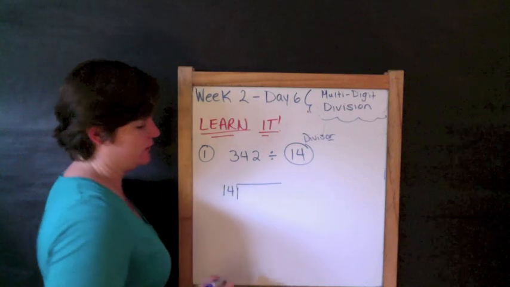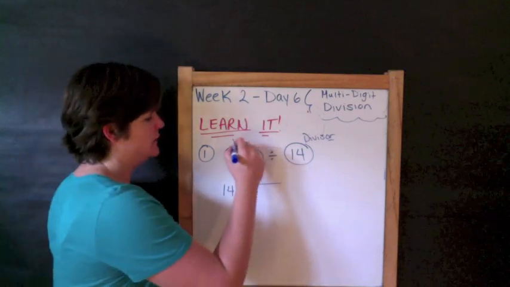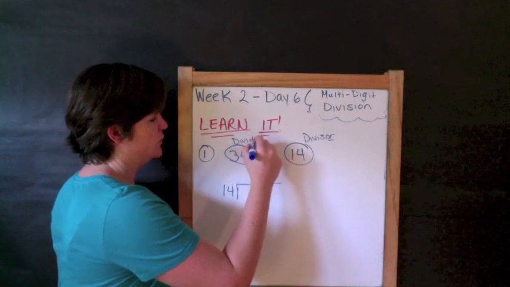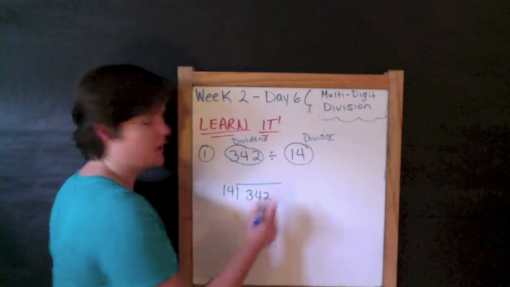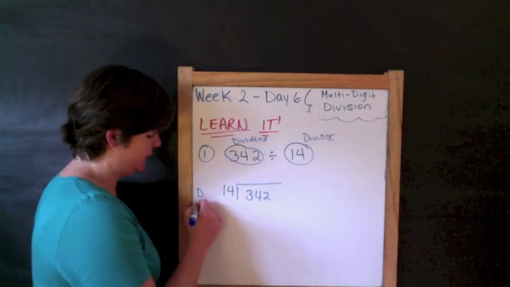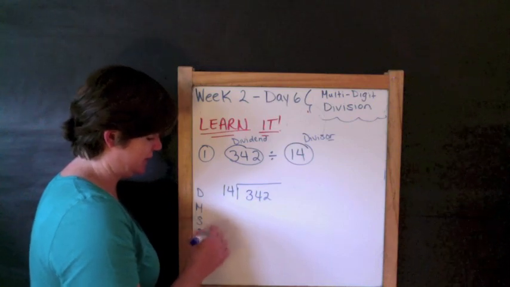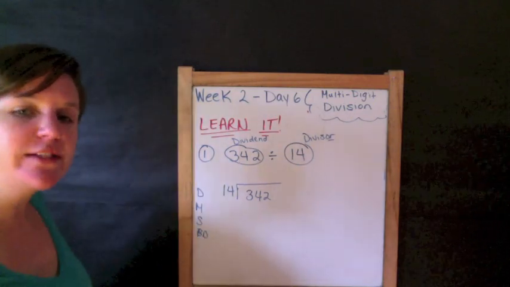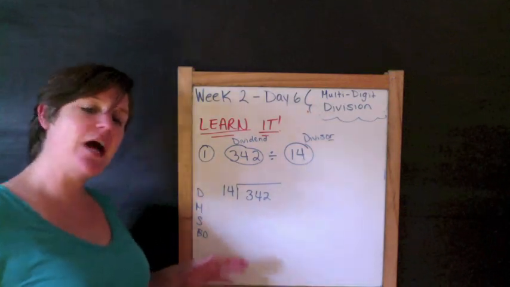Make a little weird half of a rectangle box and put our dividend, which we talked about in the boss notes, right in here, 342. We're going to divide, multiply, subtract, and bring down. Divide, multiply, subtract, and bring down.